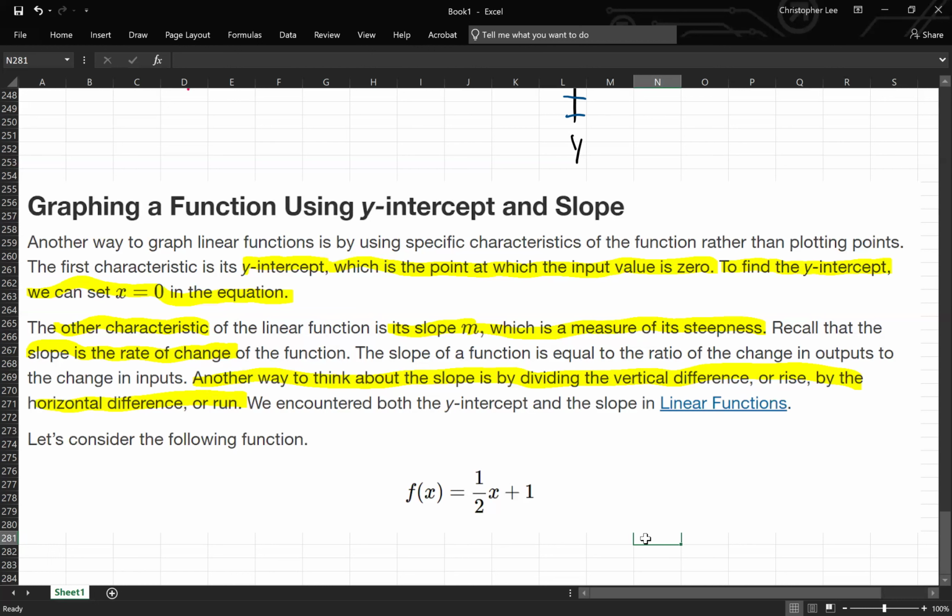So we encountered both the y-intercept and the slope in linear functions. We have f of x equal to 1/2 x plus 1. I'm going to consider that function.